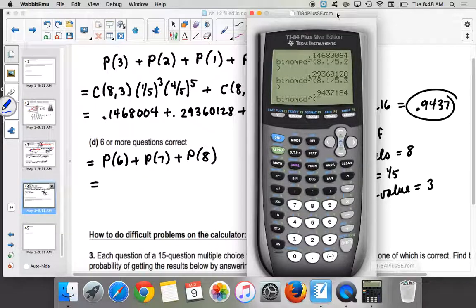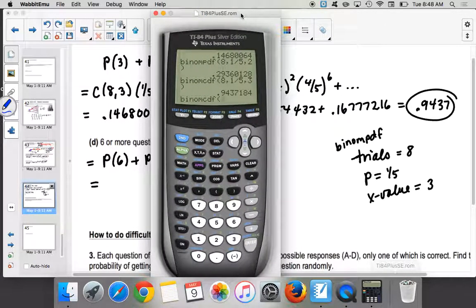Does it still say trials, P? Yeah, so the X value is just up to 3. So you're putting in 3. Does that make sense? It's saying find the cumulative sum of all of those things up to 3. So still put in 3, and you'll get that final answer, the 0.9437. Thank you, Becca. Why are we still doing 1/5? 1/5 is the probability of getting each answer correct.